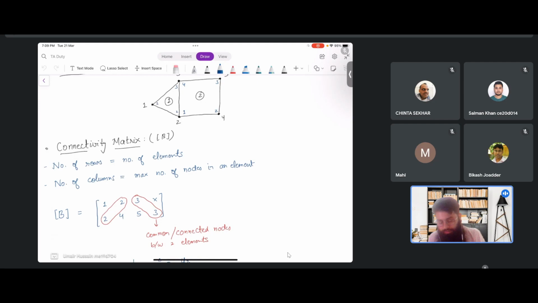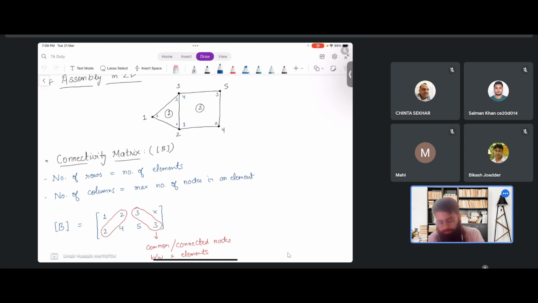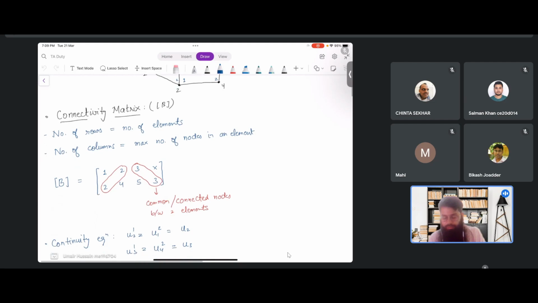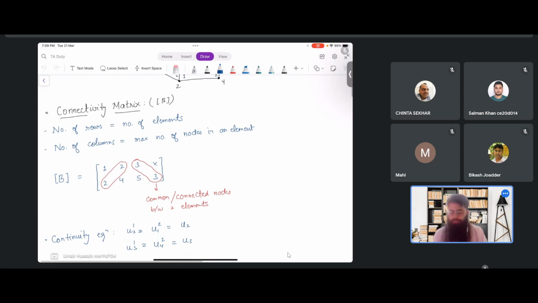So here, the ones written inside the elements in blue color are the local node numbers, and based on that we fill the connectivity matrix. Then we will be able to tell which elements have which nodes in common, and with the help of this we will be able to add up our element level equations into the net global equation.